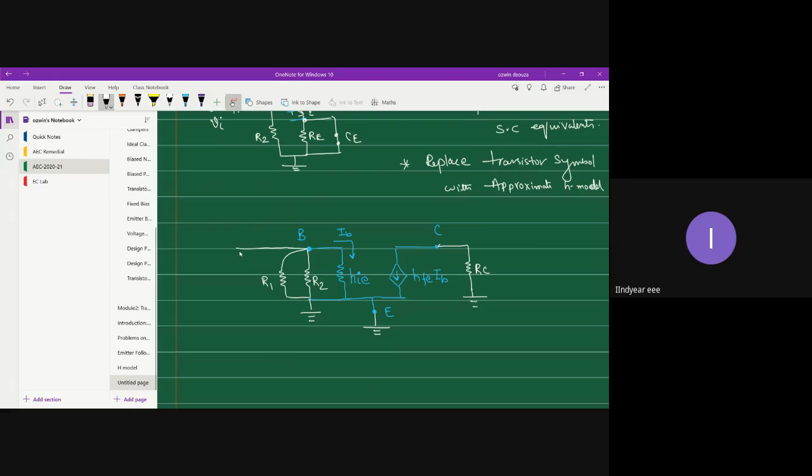It resembles your RE model itself. Only the difference is that the parameters we have changed. That's your V naught. We'll mark the two-port convention currents: input current II, output current I naught.